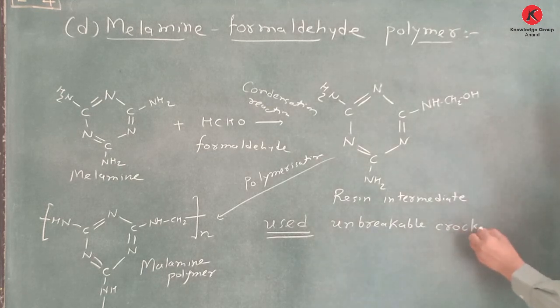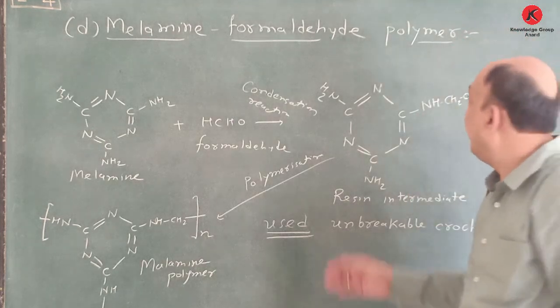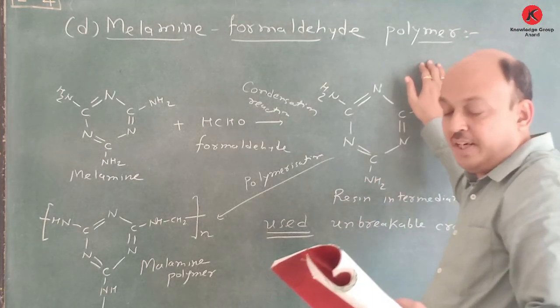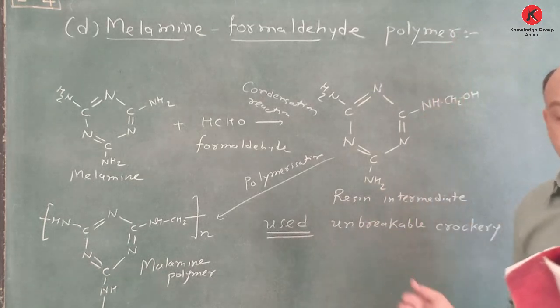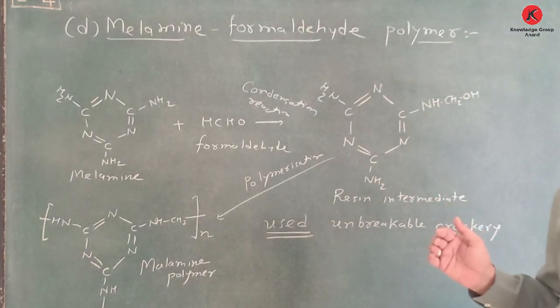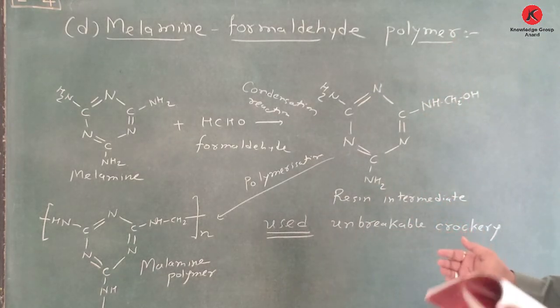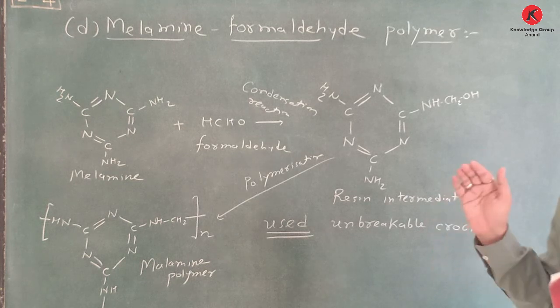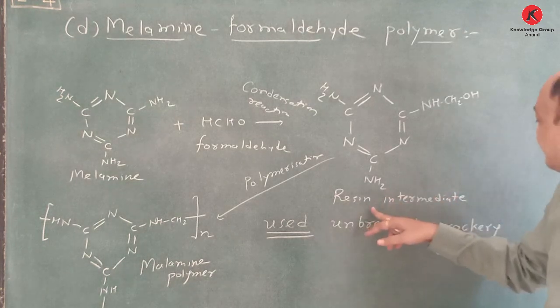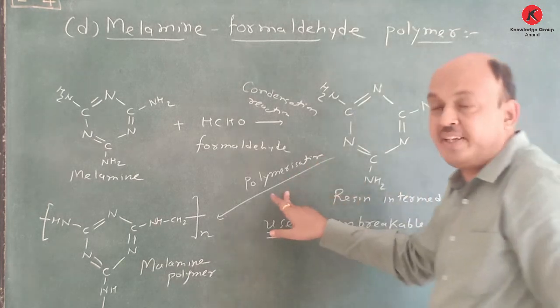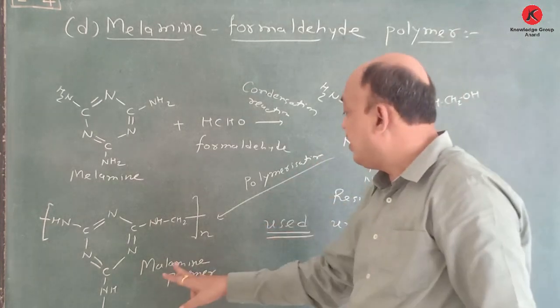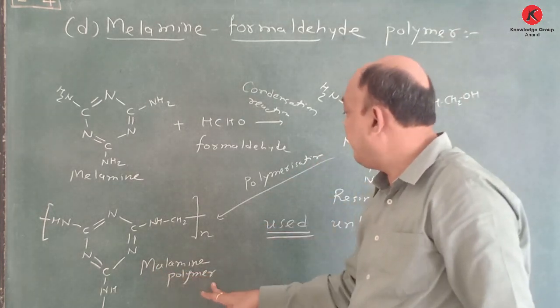This is all about melamine formaldehyde polymers. This is very important. Melamine formaldehyde polymer is formed by the condensation polymerization of melamine and formaldehyde. It gives a resin intermediate, and this resin intermediate undergoes polymerization reaction. So it gives melamine polymers.